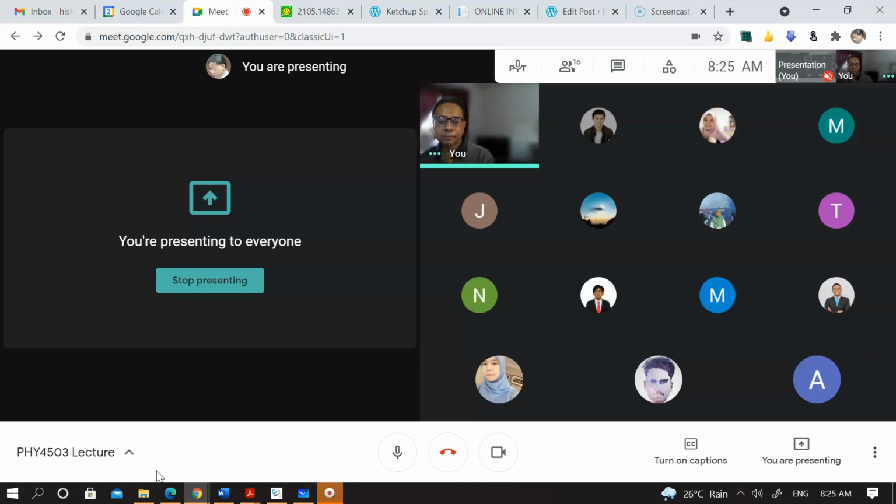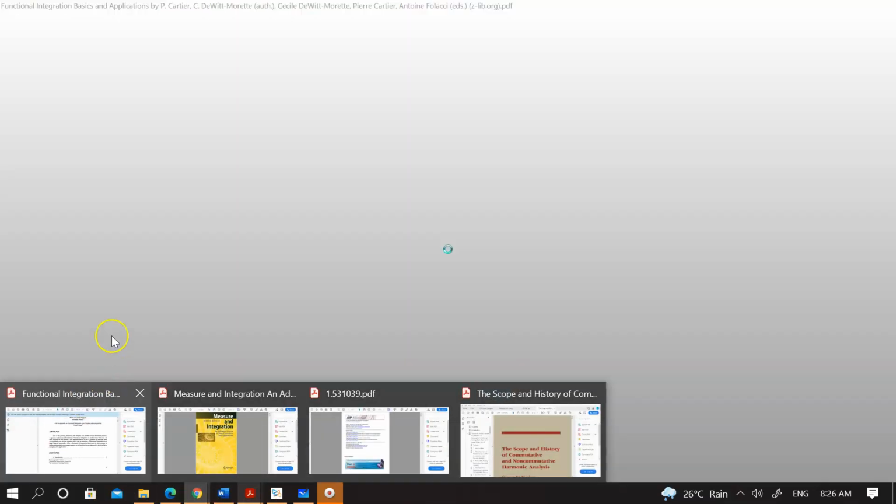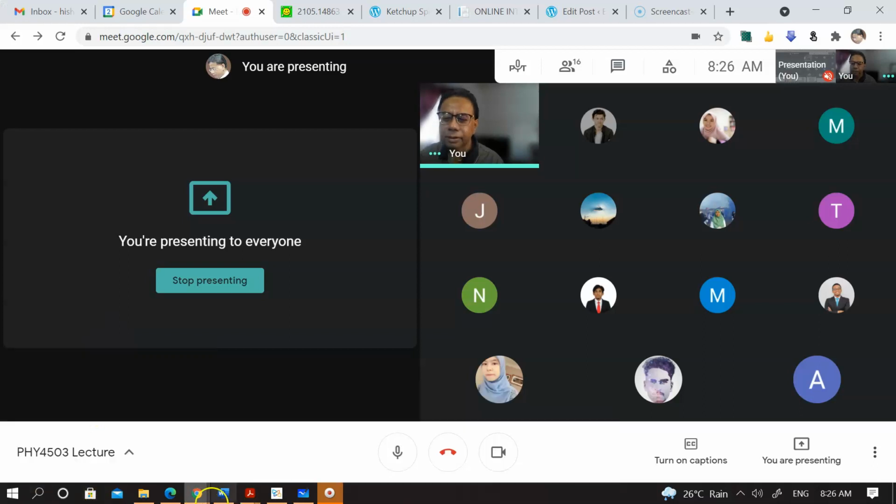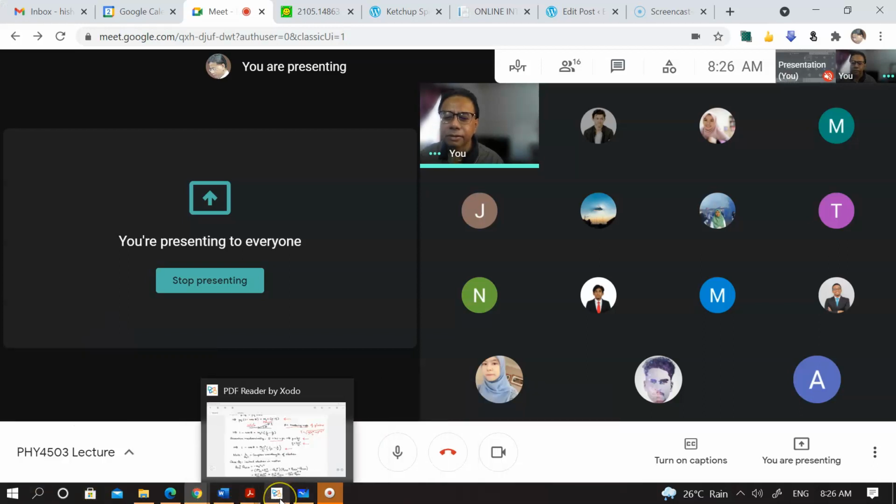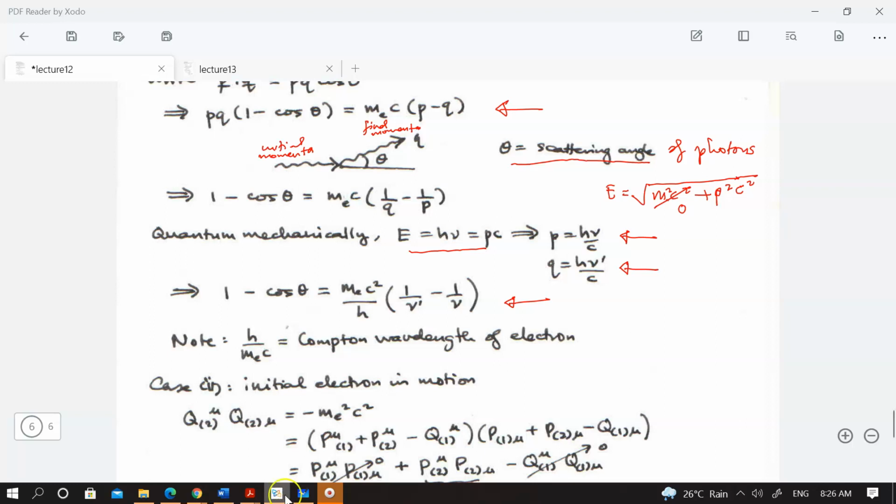What's the connection? Anyone? This should be undergrad first year physics. Energy, not quite right. There is an equation called the dispersion formula. Do you still remember the dispersion formula?